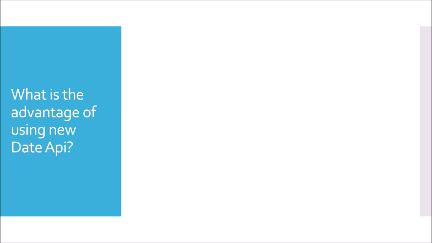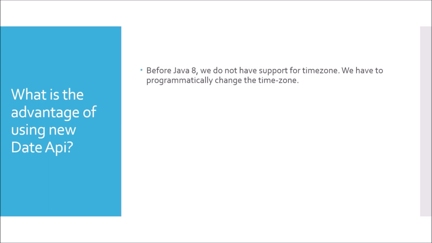What is the advantage of using the new date API? Before Java 8, we did not have support for time zones. We had to programmatically change the time zone. For example, if you are in the IST time zone, but in your code you want to display different time zones like EST or UTC, then you have to put if-else conditions and accordingly add the time zone. But with Java 8, support for time zones is introduced.